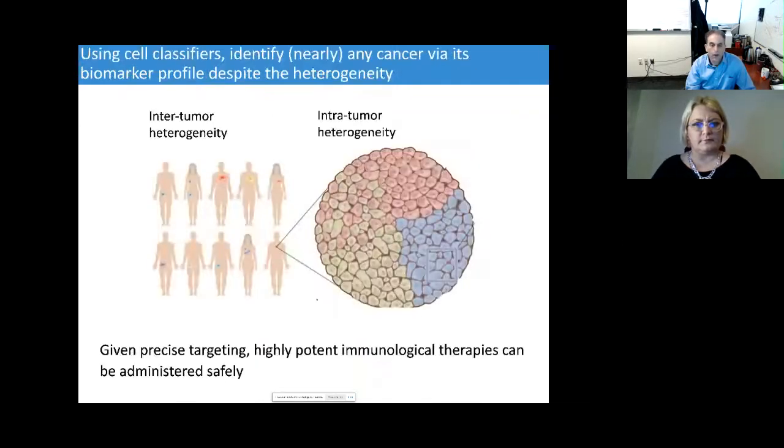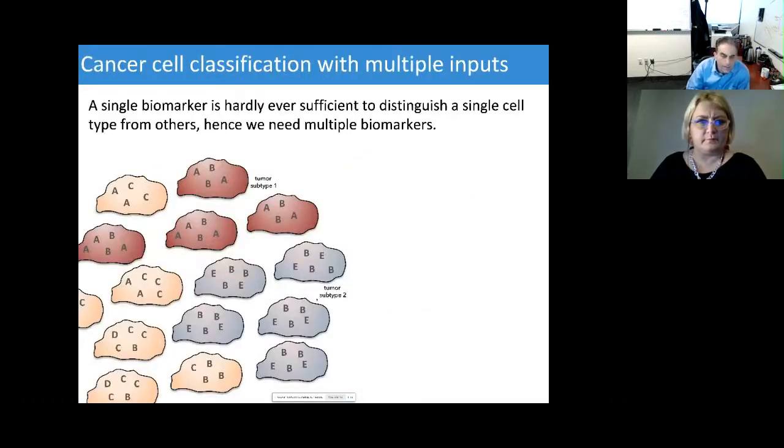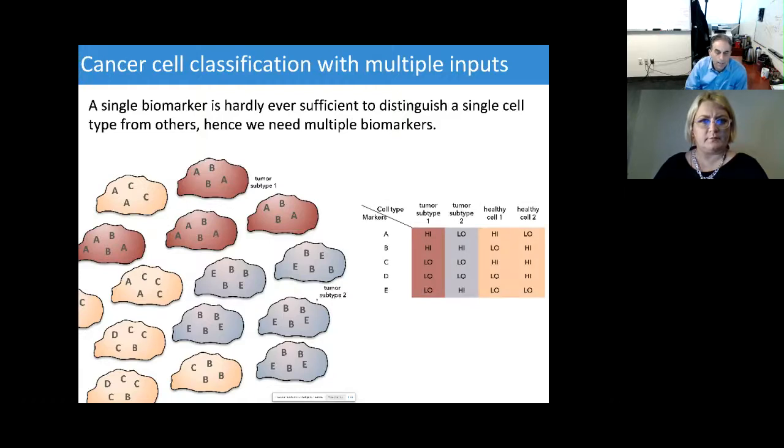And so in order to do that, we need a mechanism whereby the virus is able to distinguish tumor versus non-tumor cells. So different cells, including tumor cells, will express different genes, and they have different biomarkers. So the question is, can we think about the different biomarkers in the tumor and create this kind of logic truth table whereby a tumor that maybe has a subtype 1 will have biomarkers A and B high and C, D, and E low.